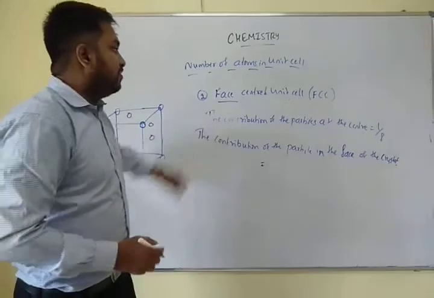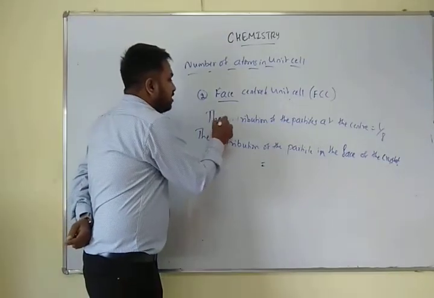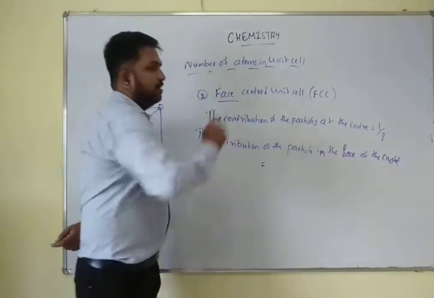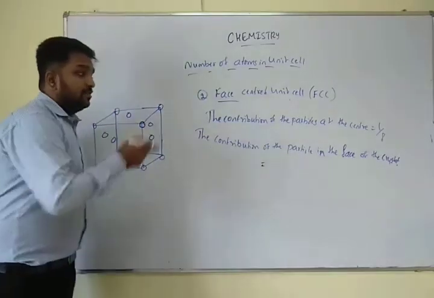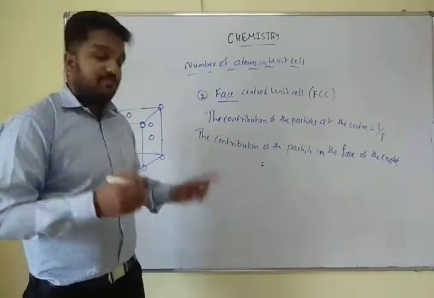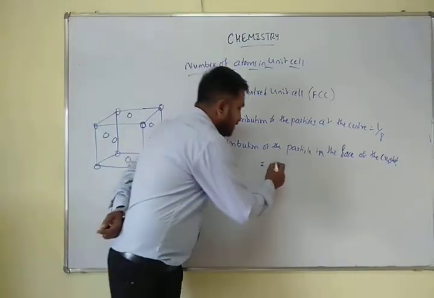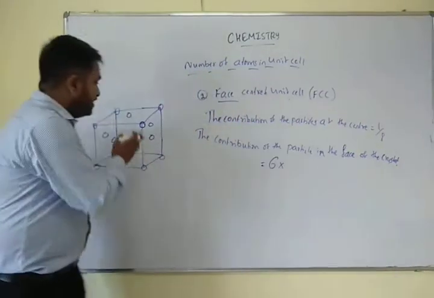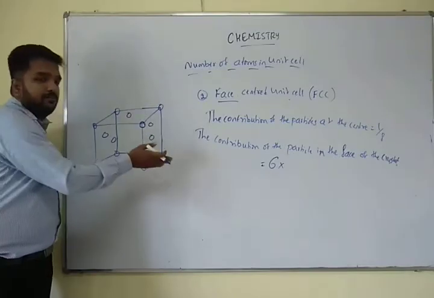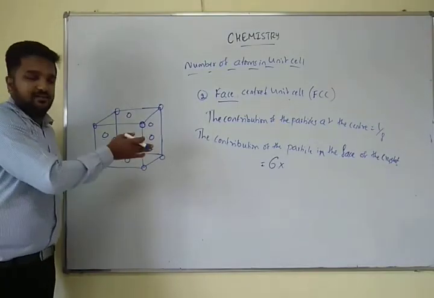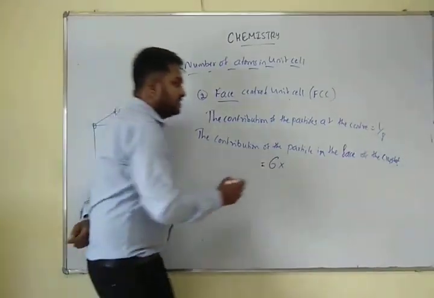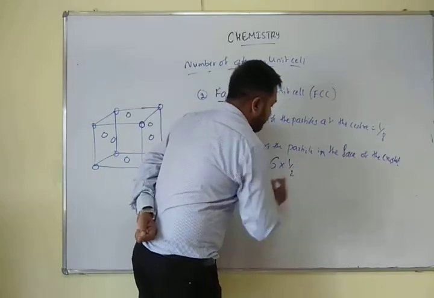So now the contribution of the particles at the corner is 1 by 8. It is clear. Now the contribution of the particles in the faces of the unit cell: how many do we have? We have 6 atoms, but each single atom will be shared by the unit cell beside it, so it will be half. Clear?